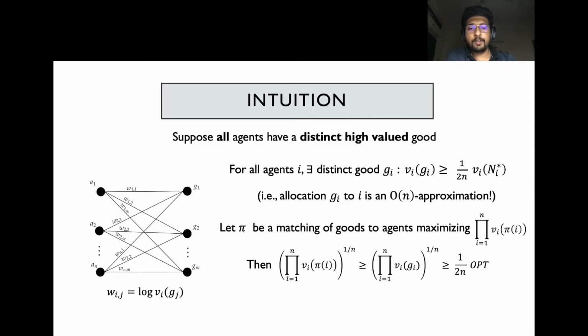So, performing a max weight matching of goods to agents using the weights as the log of utility for individual goods maximizes the product of utilities of n goods, therefore giving a 2n approximation to the value of the Nash optimal bundle.